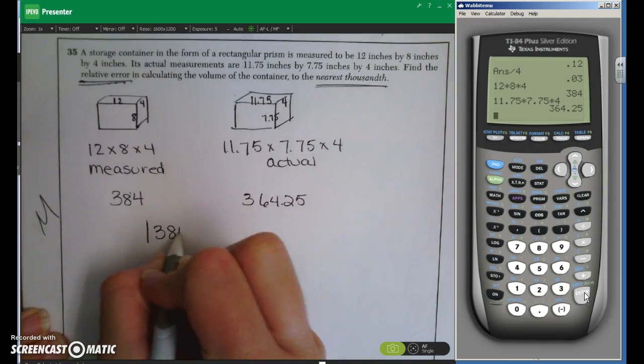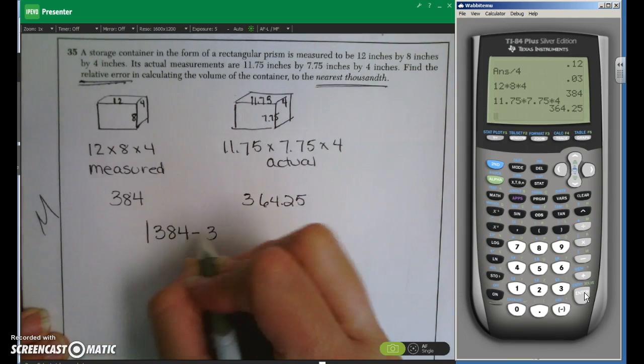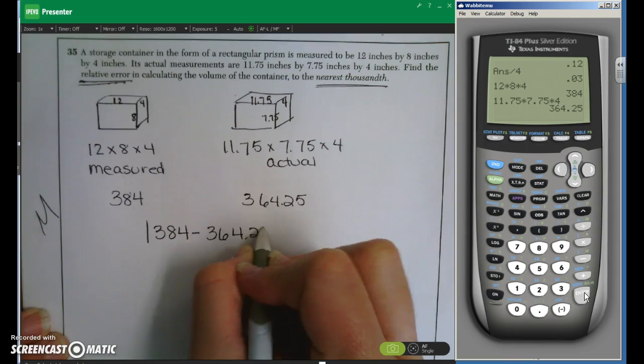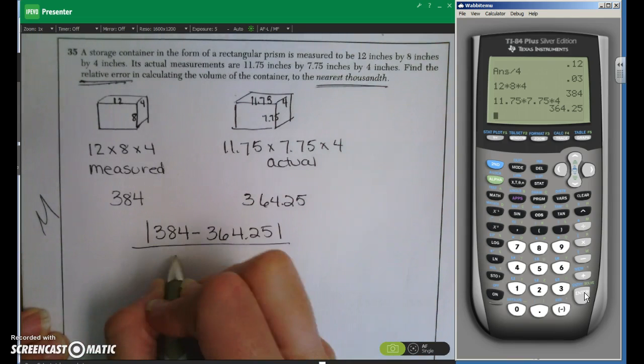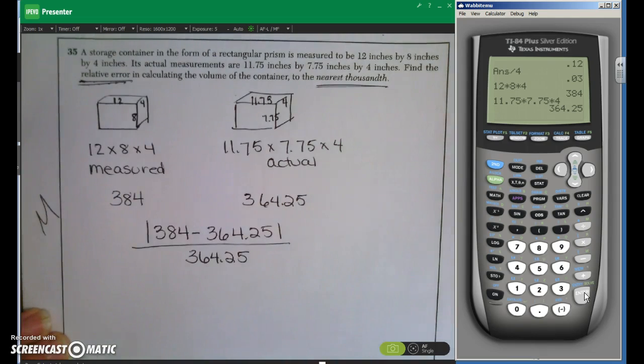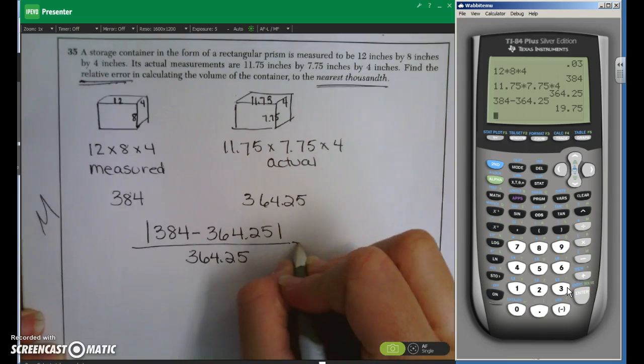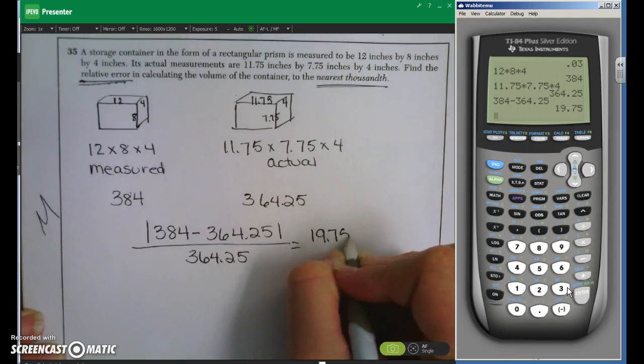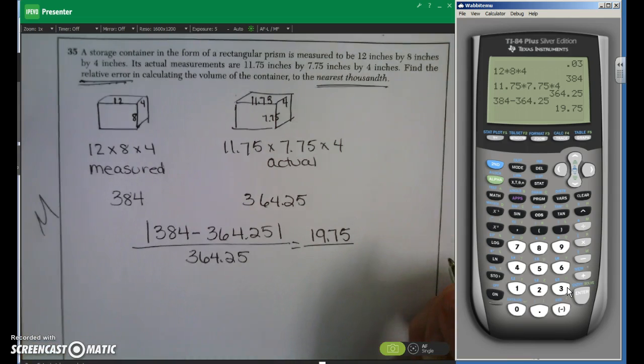The absolute value of 384, measured, minus the actual, divided by the actual. So I'm going to type in 384 minus 364.25. It's going to equal 19.75, and it's already positive, so it's already the correct absolute value.